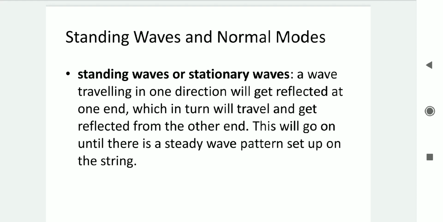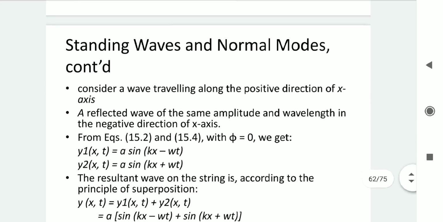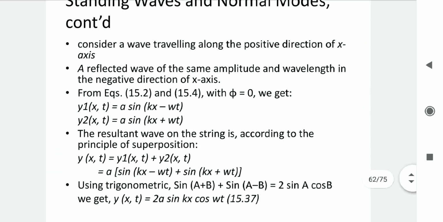This steady wave pattern is known as a standing wave or stationary wave. Let us consider a wave traveling along the positive x direction and a reflected wave having the same amplitude and wavelength, but traveling in the negative x direction.